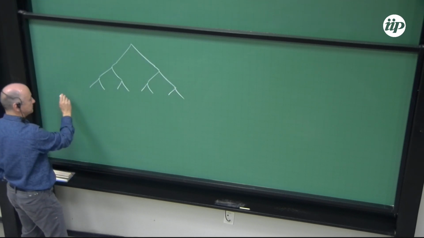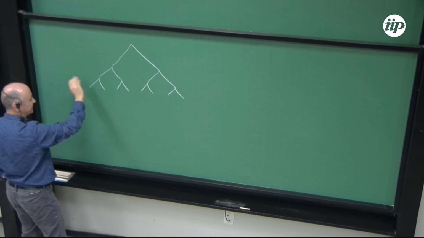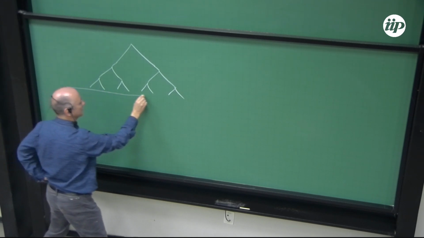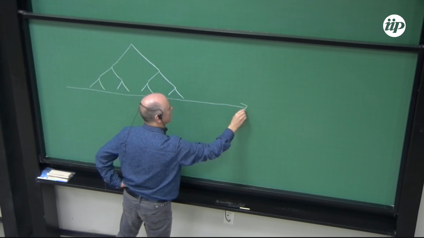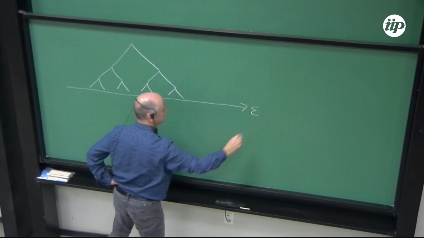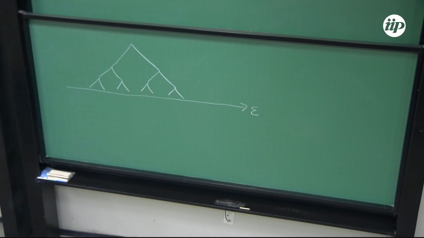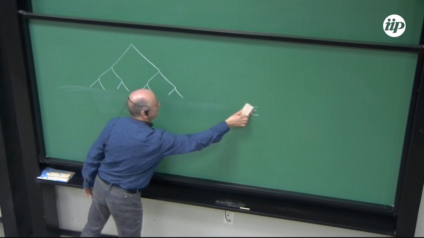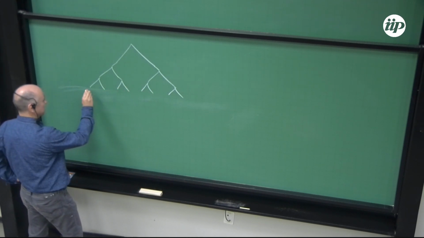Etc. Let me stop at this level. So this is my epsilon. Actually, I will put one more level in, just to make this a little clearer.